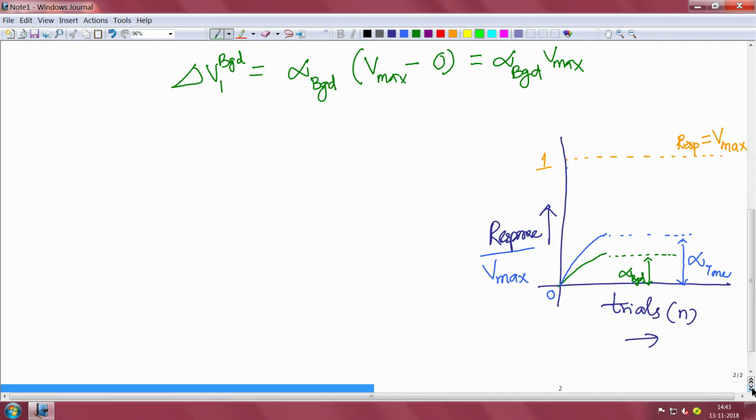So, if you follow the same principle and write down the change, then here, since the tone is not present, we are only thinking in terms of change in response. This is the second trial for the background, alpha background times V max minus the summation of both the things present, which will be alpha tone plus alpha background.